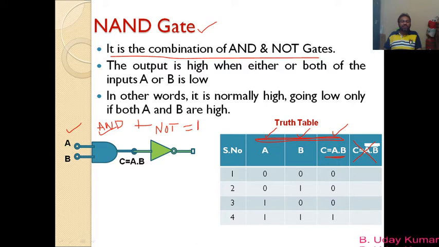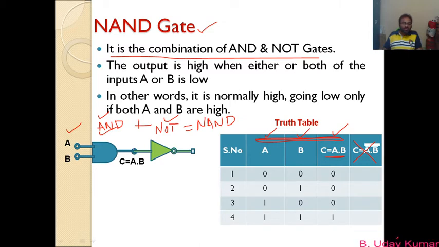So this is what you have to understand. This is the NAND gate. Anyway, you know what AND is and you also know what NOT is. What is a NOT gate? It is an inverter. It is an inverting gate. That means whatever input you apply, the output will be the inverse of the input.